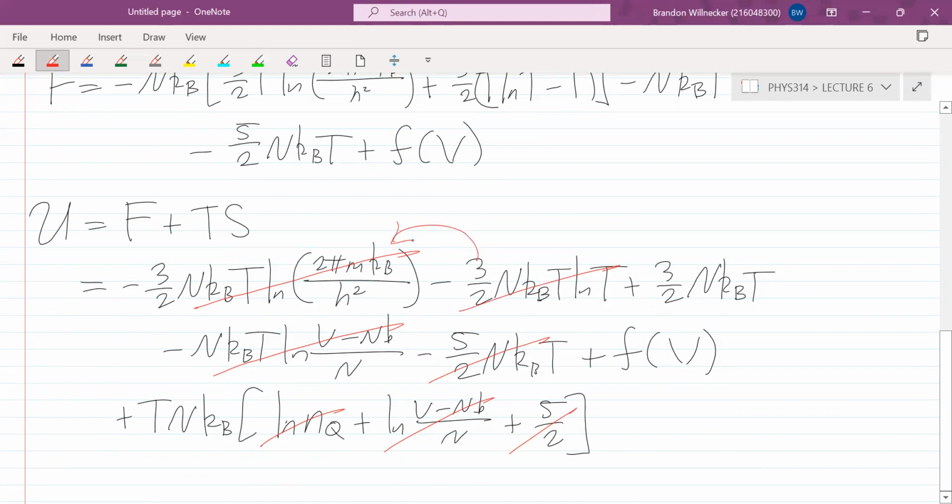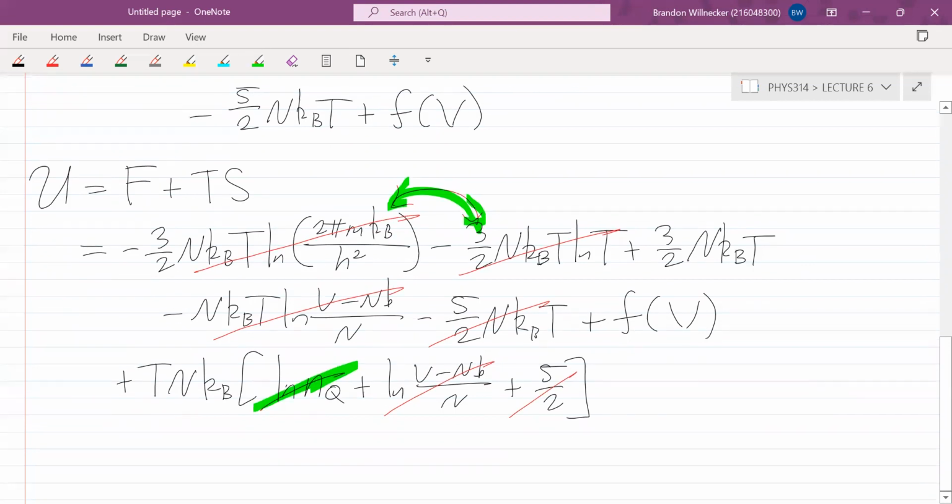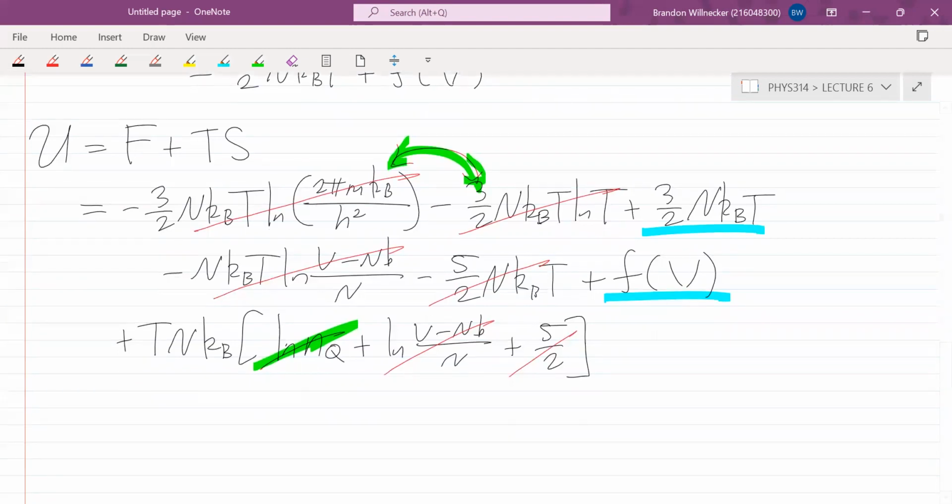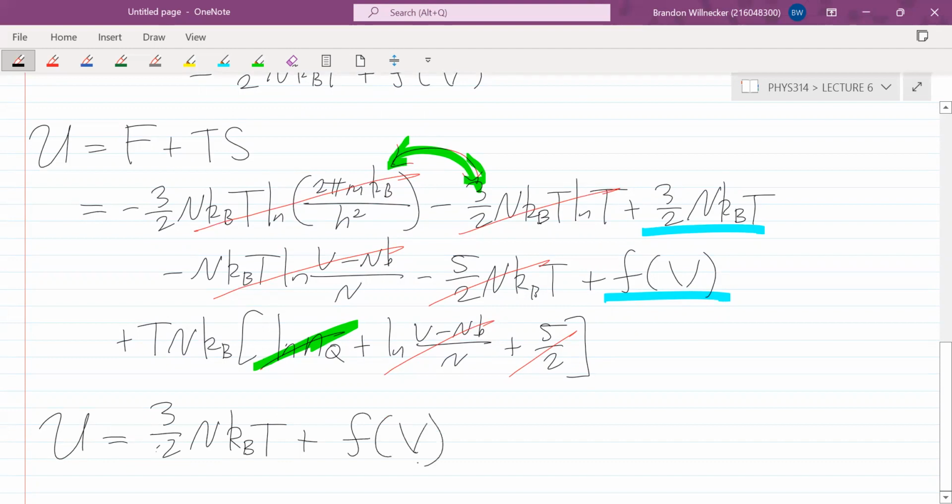So these two together, they're going to cancel with that. Okay, so we're left with 3 over 2 NkBT and this function of V. So U is equal to 3 over 2 NkBT plus this function of V.